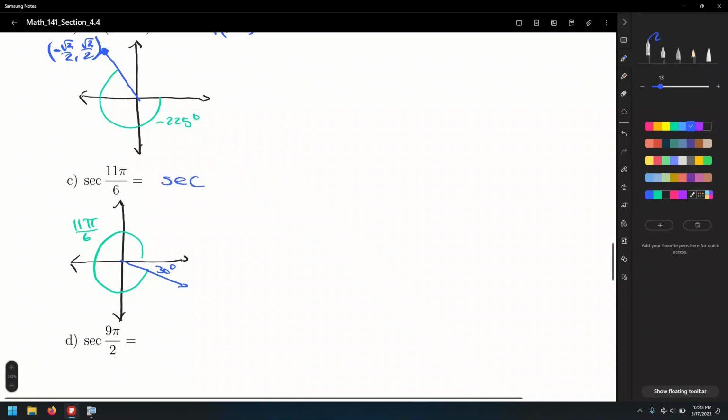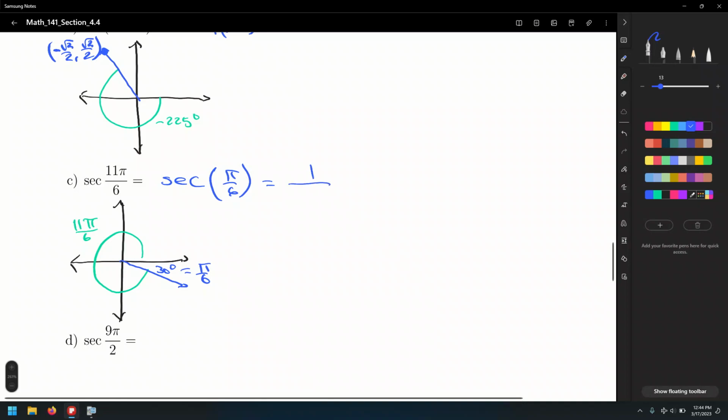Secant of 11 pi over 6 is exactly the same as evaluating secant of 30 degrees or pi over 6. Now, do we need to turn this into a negative? Is the secant function negative in the fourth quadrant? We don't need to fix the sign the same way we did for examples A and B, because it turns out that the signs are the same.